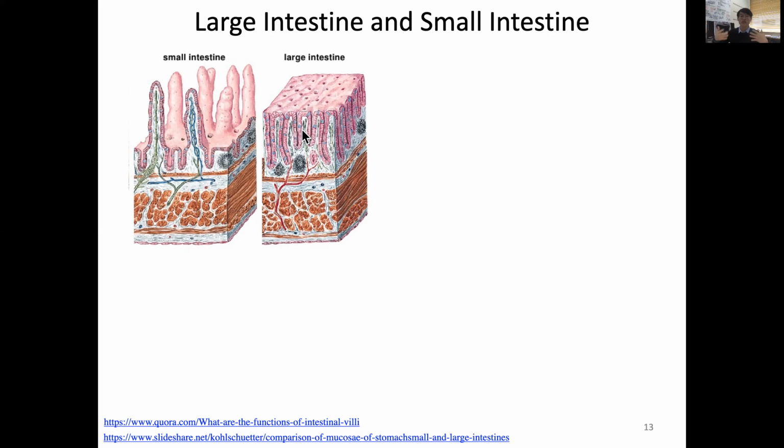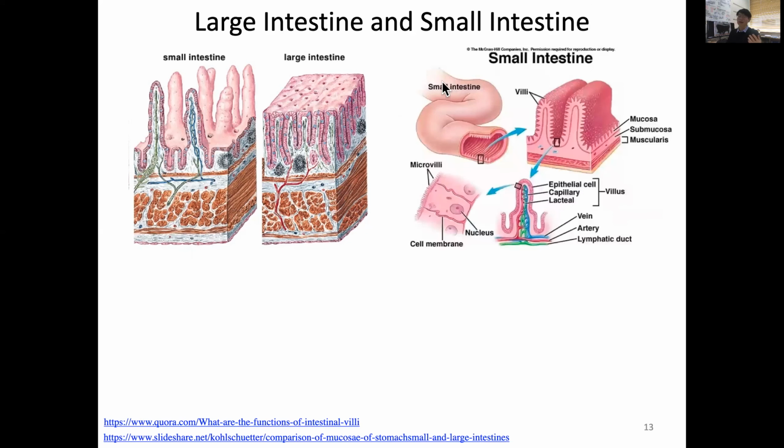Now for nutritional absorption, we are using a little different strategy, but also effectively increasing the surface area. And that looks like this. We have the small intestine. You see this circumferential fold, which effectively increases the surface area by about 3-fold.